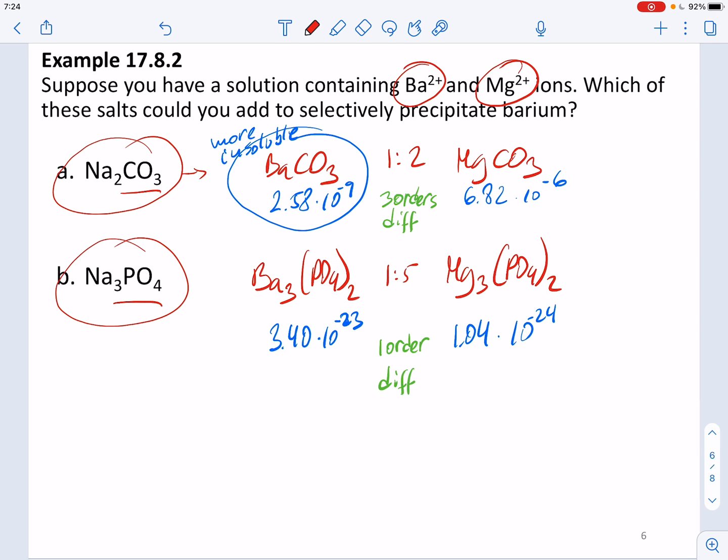Because you have a larger difference in solubility between barium carbonate and magnesium carbonate, you would pick sodium carbonate to precipitate barium in the presence of magnesium. Okay, why don't you use sodium phosphate? These are too close in solubility. All right, so that's why you would pick sodium carbonate.